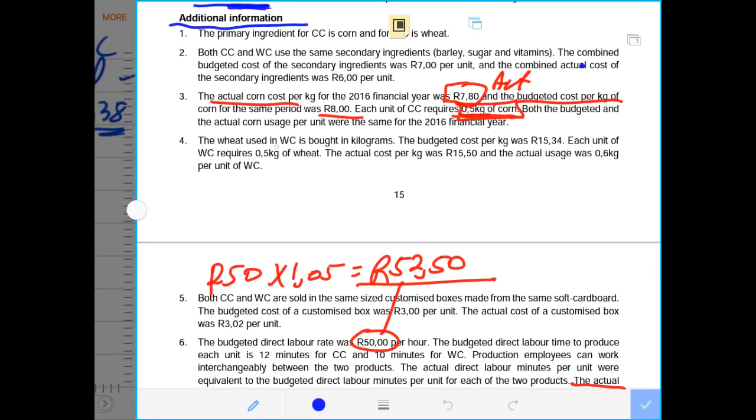And this was the wheat. They said we require 0.5 kgs. However, the actual mixture was 0.6 kgs. So now we need to say standard quantities minus actual quantities, times that by the standard price.